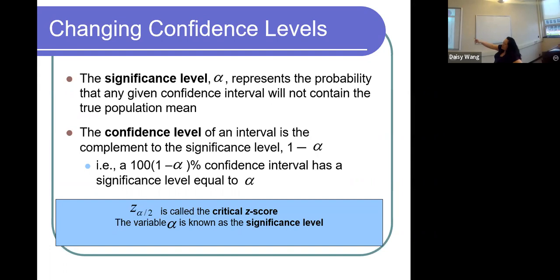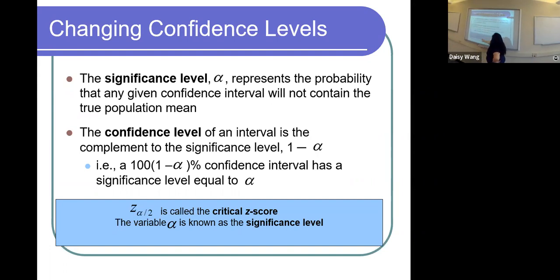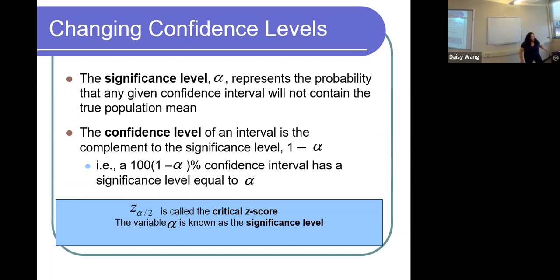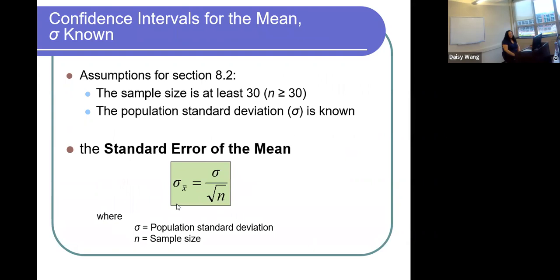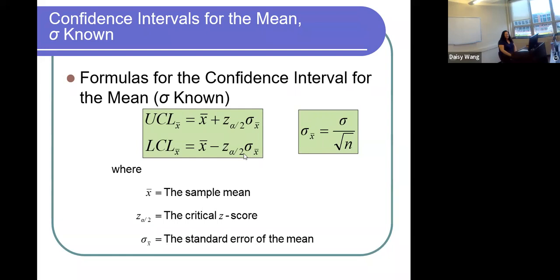So the confidence interval is 1 minus alpha. And then z sub alpha divided by 2 is the critical z score. Alpha is the significance level. It looks a little bit similar to sigma, so sigma is written like this, and alpha is like this.